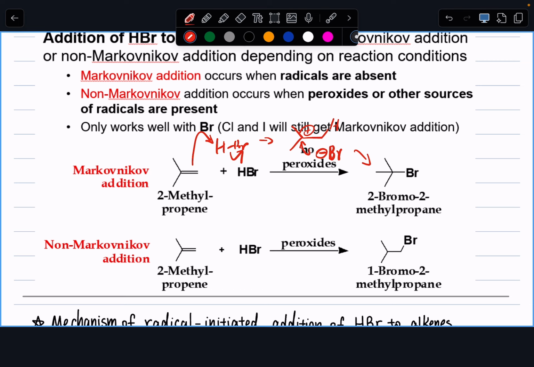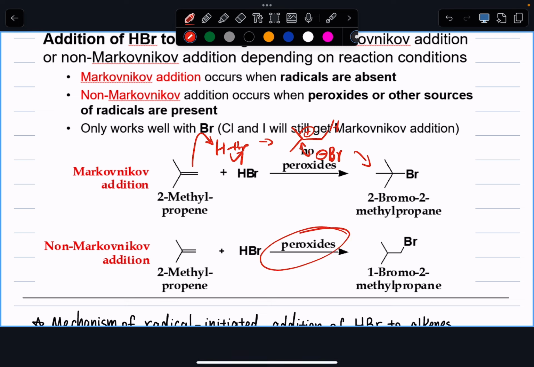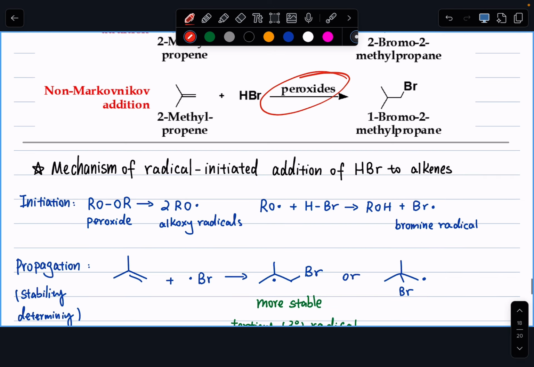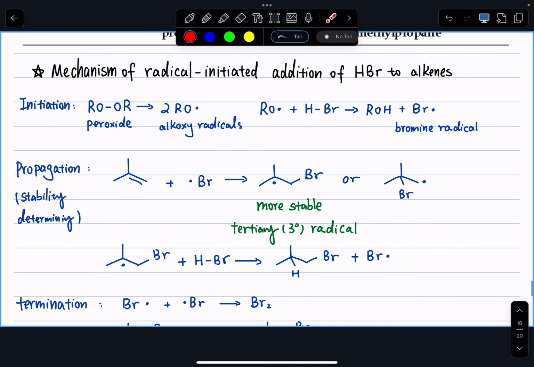Alternatively, with the presence of peroxide and treated with light. Whenever you see peroxide and light, we are hinting this reaction is likely to be a radical chain reaction. So if we look at the mechanism of this radical initiated HBr addition to alkenes, we're looking at a completely different mechanism and hence different products.